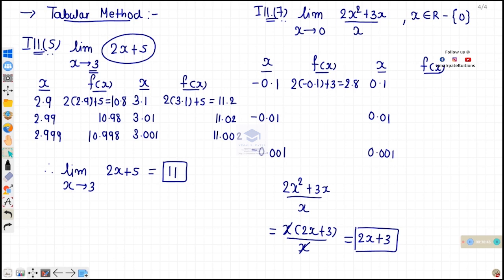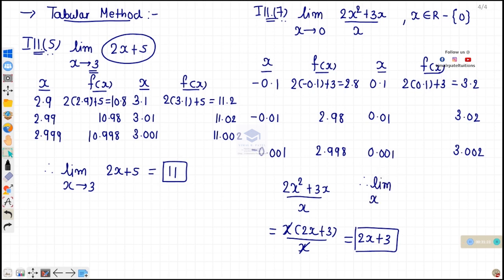Same way 2 into minus 0.01 plus 3, so it will be 2.98, then 2.998. Same way here 2 into 0.1 plus 3, so 0.2 plus 3, it will be 3.2, 3.02, 3.002.